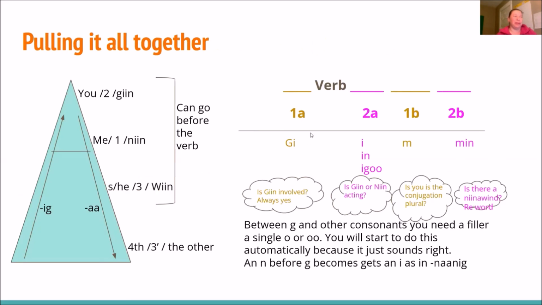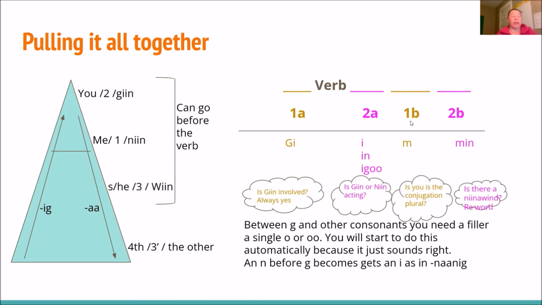We start with, is you involved? And for these 8 conjugations, it always is, because it's between you and me. So there's always a you. And so every one of our conjugations starts with a ge. And then we put in our tenses and our verb, and then we need to pick a theme sign. And so there were 3 options we discussed: eh, in, and igoo.